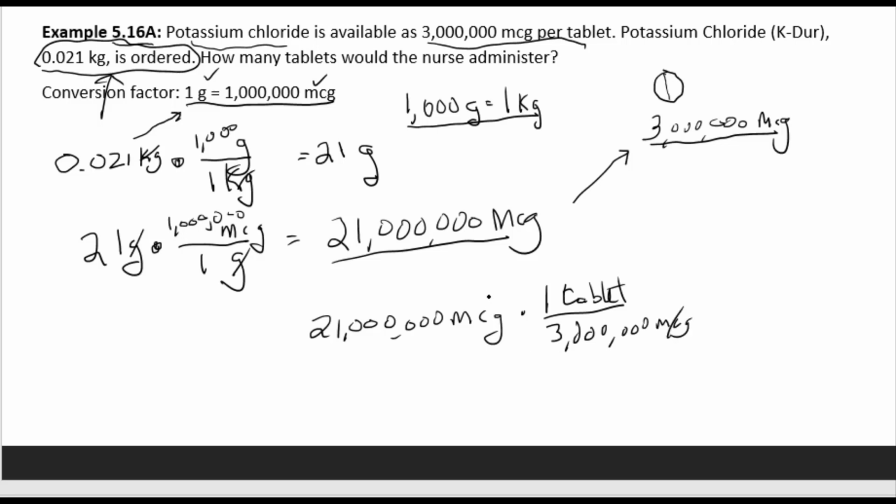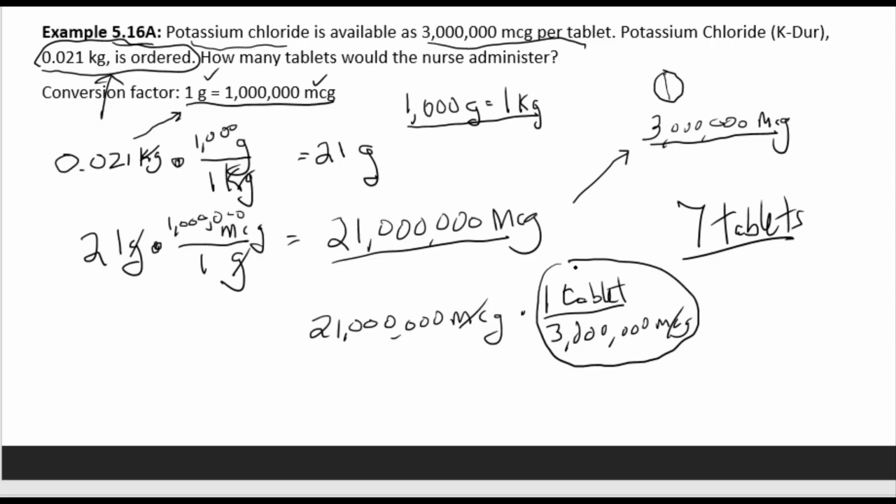And the micrograms cancel, and I get 21 million divided by 3 million, which is 7 tablets. And because this is the conversion here too: 1 tablet equals 3 million micrograms.